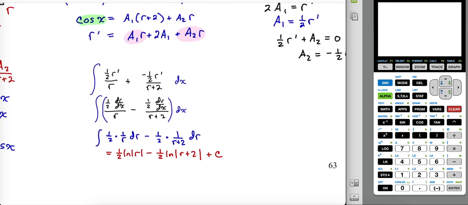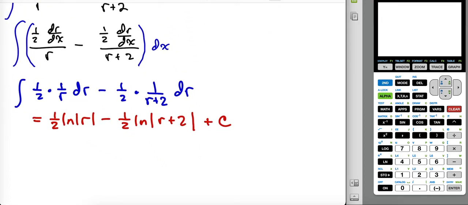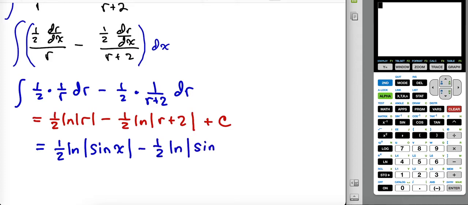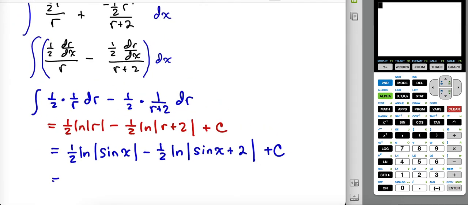Since I know r is equal to the sine of x, I can reverse substitute. And if I want to clean this up further, I can, because there's a common factor of 1/2 that can be pulled out.